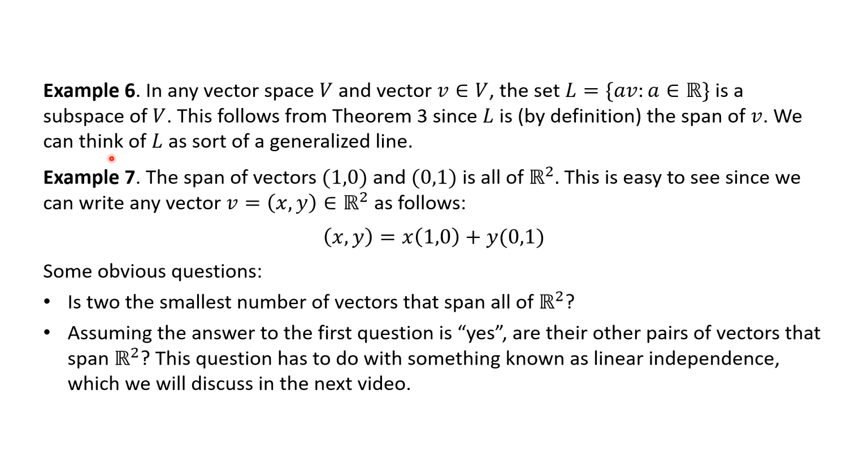We can think of L as a sort of generalized line, and we've already seen an example along this line before. The span of vectors (1, 0) and (0, 1) is all of R2. We can easily see that. If we take any vector (x, y) in R2, we can write it as x times (1, 0) plus y times (0, 1).